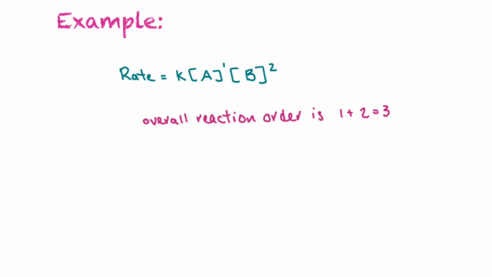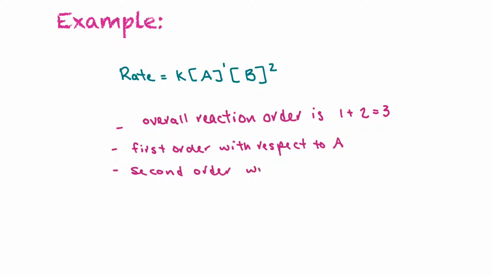We can also look at the reaction order of individual reactants. So it's first order with respect to A and it's second order with respect to B.